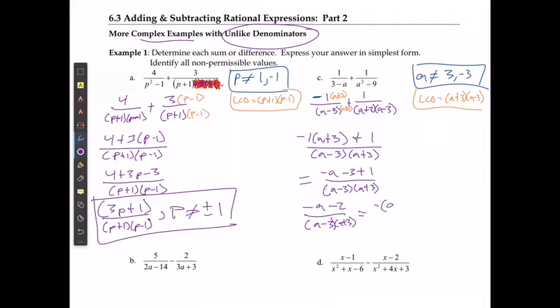Negative bracket a plus 2 over (a minus 3)(a plus 3), where a cannot equal positive or negative 3. And there's my answer.